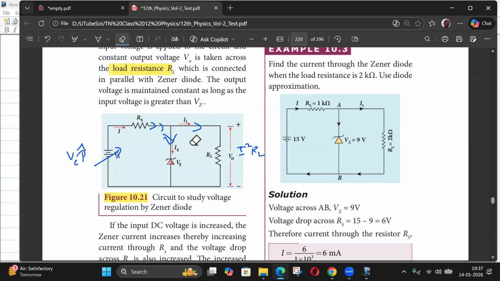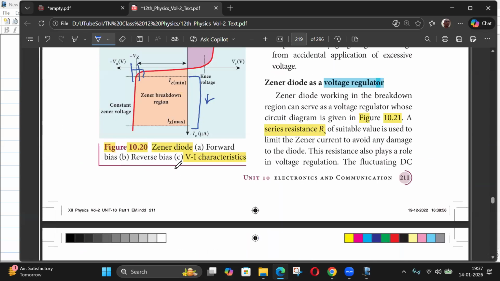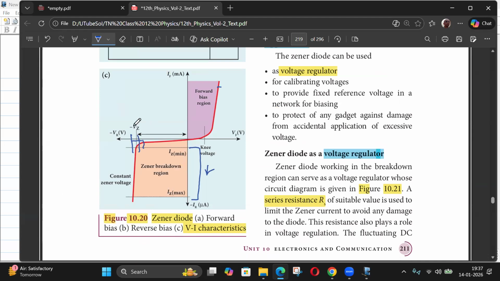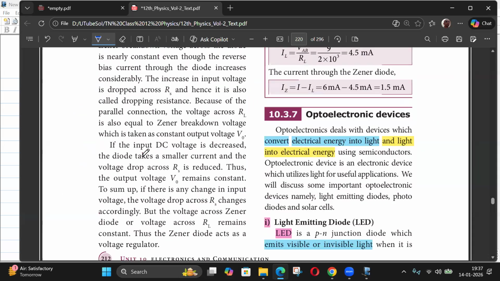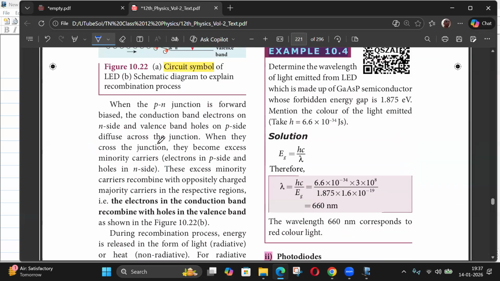So the voltage across these 2 points, the maximum value is Vz. That's the breakdown voltage. Beyond this, the voltage will not increase. It will increase only slightly, but it's almost constant. So Vz.